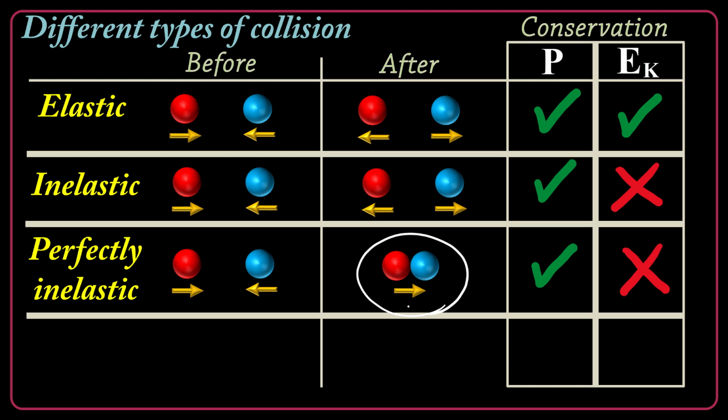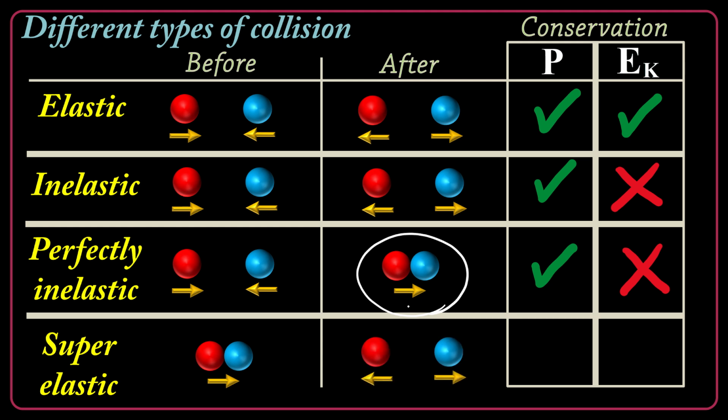The last one is superelastic. Superelastic is the one in which before the collision, two or more objects are combined and make a single body, and after the collision they get separated, like an explosion. In this case also, kinetic energy is not conserved, so we can still use conservation of momentum, but conservation of kinetic energy is violated.